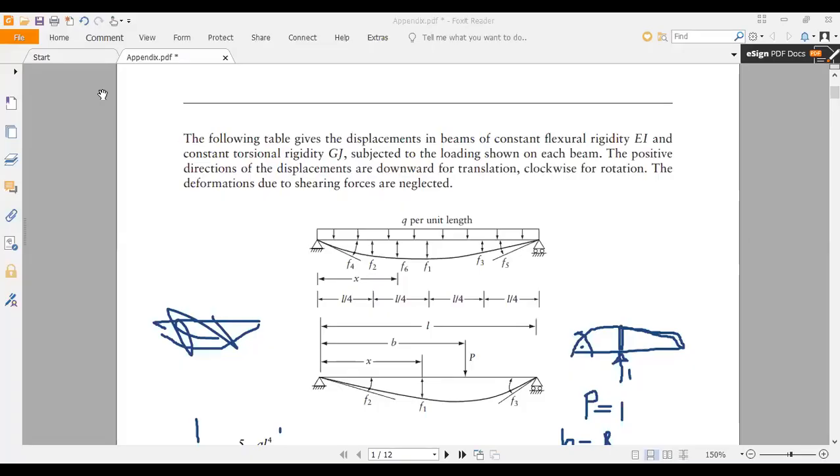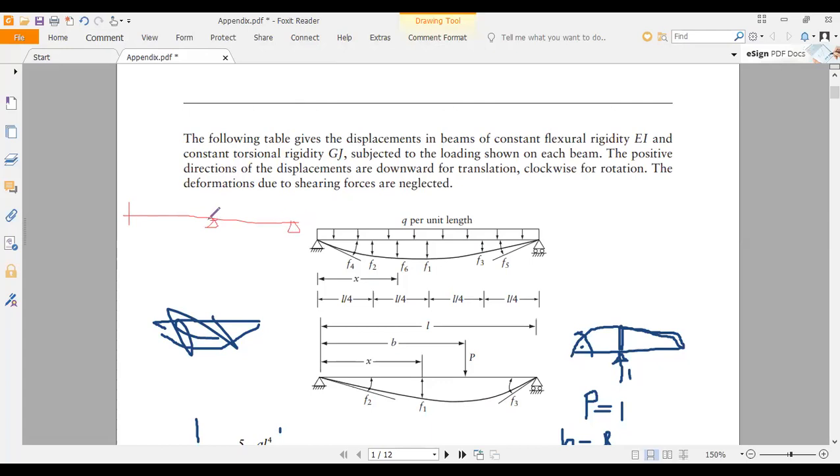It's like this. Initially it was like this. So if you apply a hinge here, so simply supported, you can just take it as two parts, right?